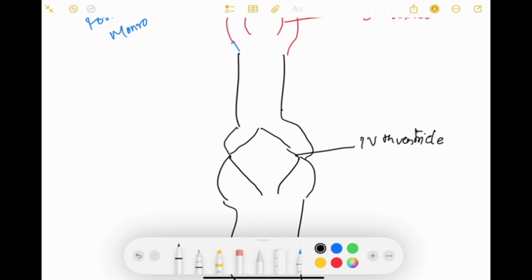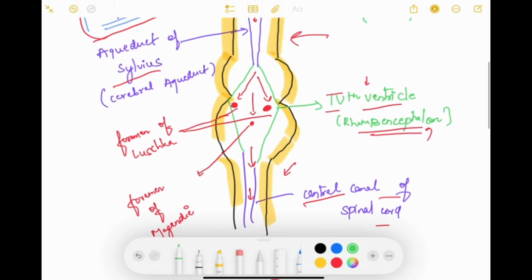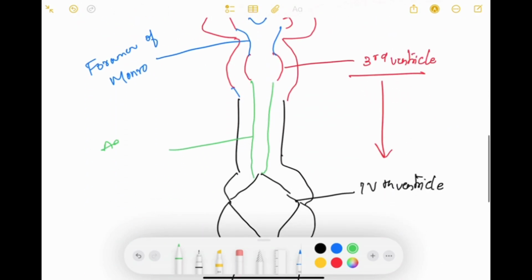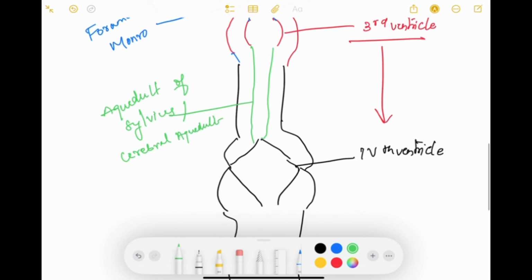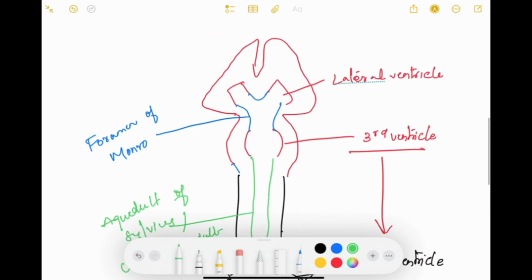Now the fourth ventricle and the third ventricle are connected to each other through an aqueduct, that is the aqueduct of Sylvius, or it is also known as the cerebral aqueduct. Both are the names. The third ventricle is connected to the fourth ventricle, and the fourth ventricle opens into the central canal of the spinal cord. So this was about the ventricles.